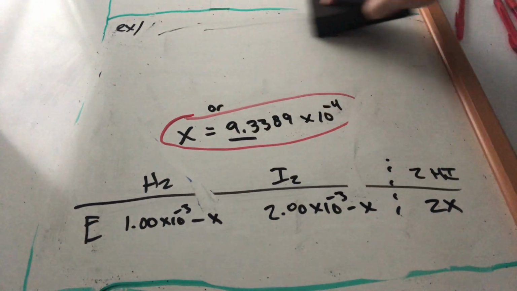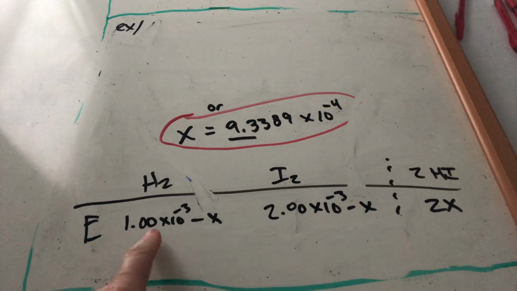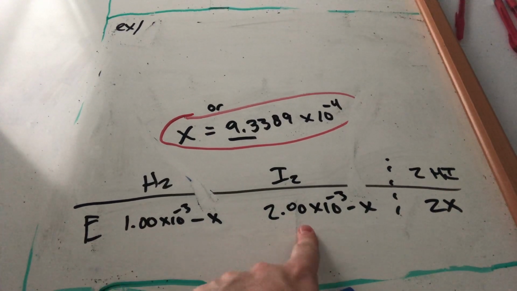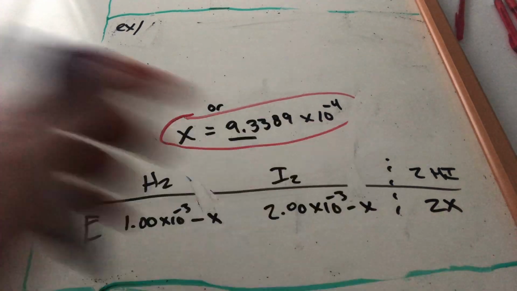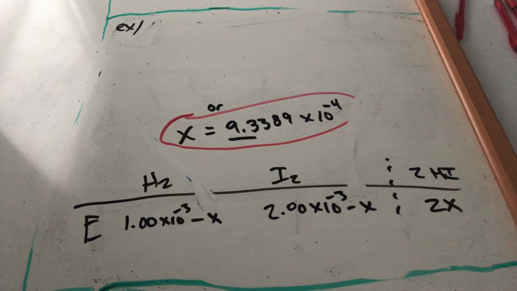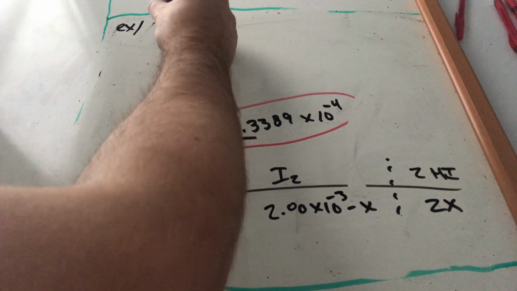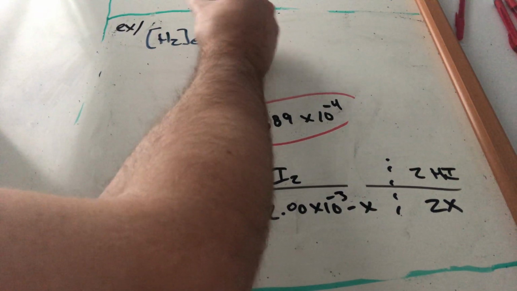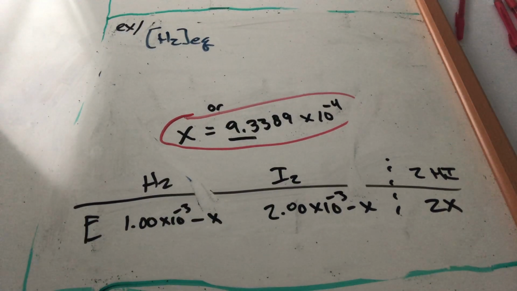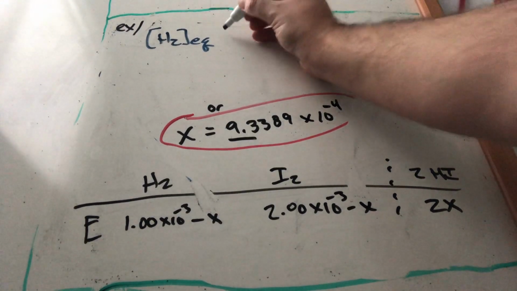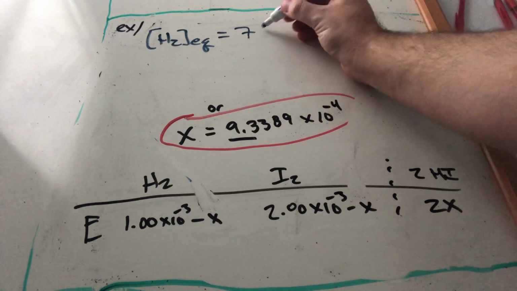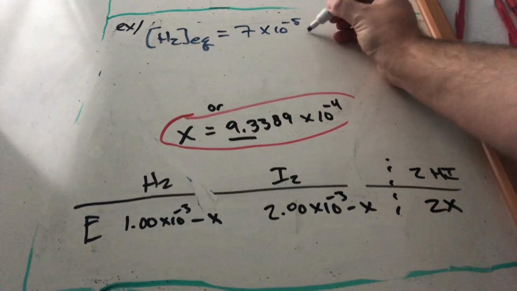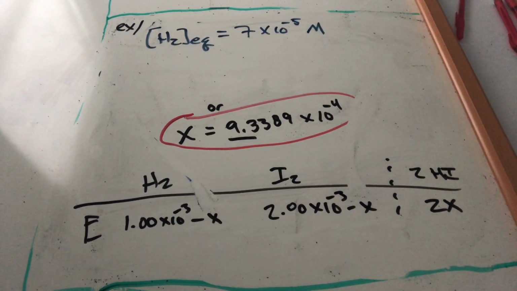So now let's answer the question. The question was, what's this concentration at equilibrium? What's this concentration at equilibrium? And what's this concentration at equilibrium? Paying attention to significant figures. What we get for H2 at equilibrium is 7 times 10 to the minus 5 molar, and now I'm reporting it with molarity.